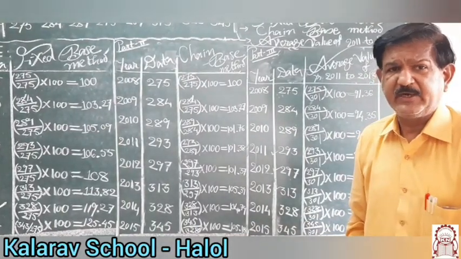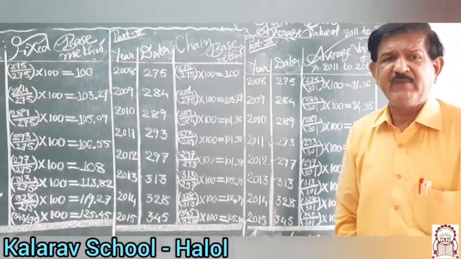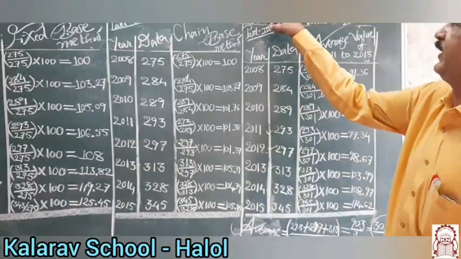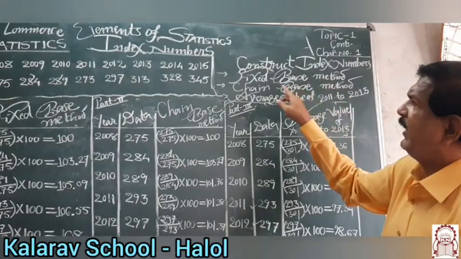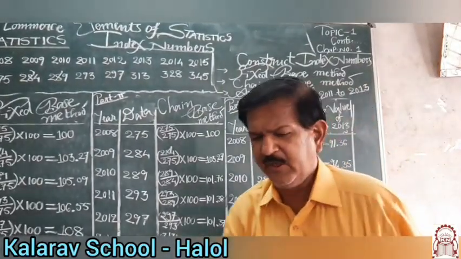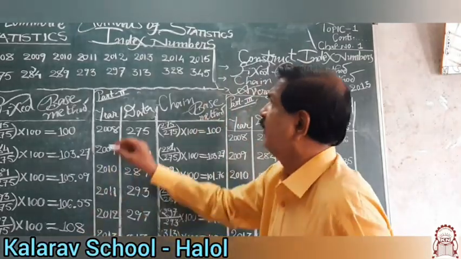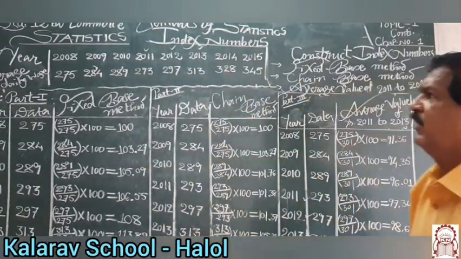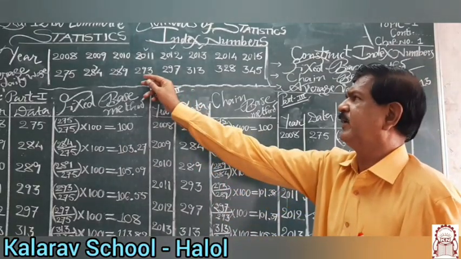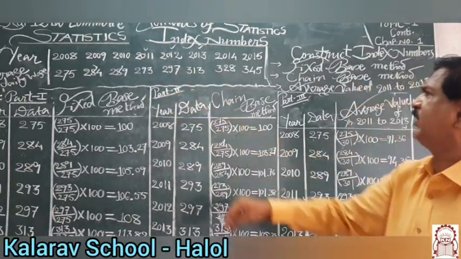Here we have to construct index numbers by using three different methods: by using the fixed base method, by using the chain base method, and by taking the average of 2011 to 2013. These 3 years, 2011, 2012 and 2013, have the values 293, 297 and 313.